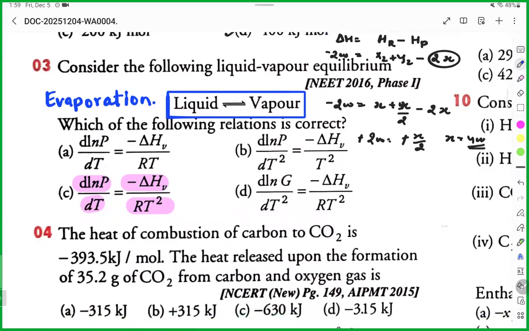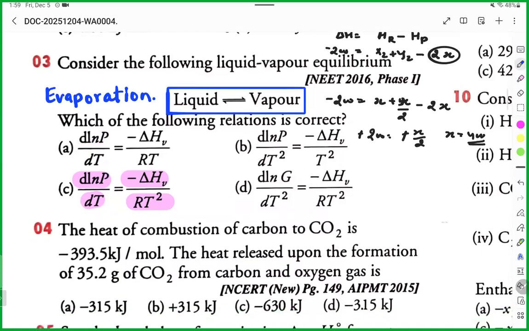Any doubt? This is direct. You can't derive this, and that's why the majority of people did not get this correct. So normal, don't worry. Clapeyron's equation, this is. There's no logic. Nobody can remember this directly.